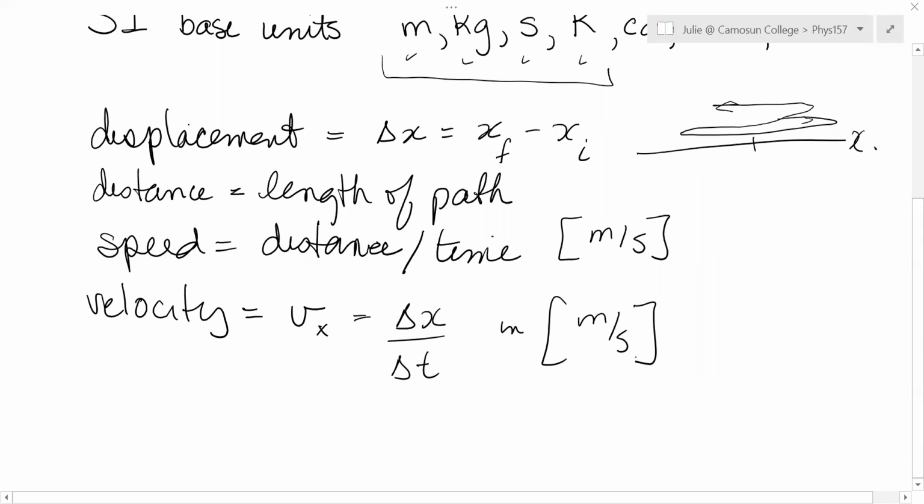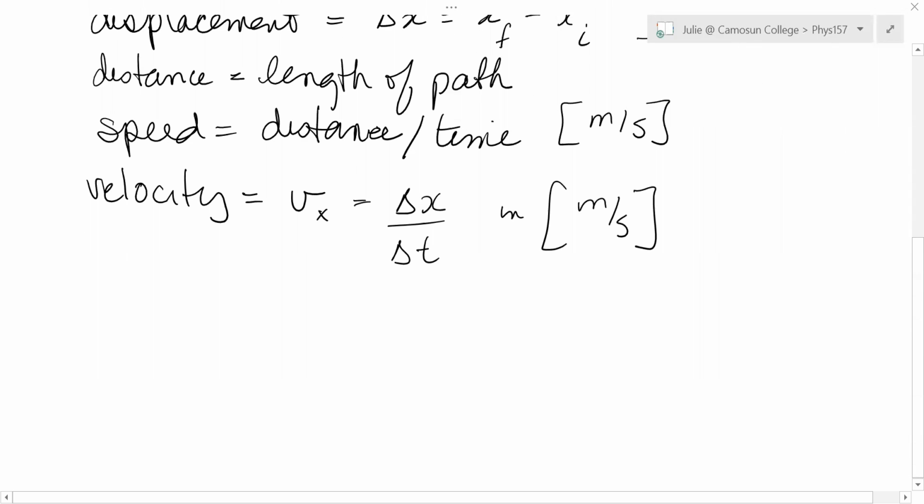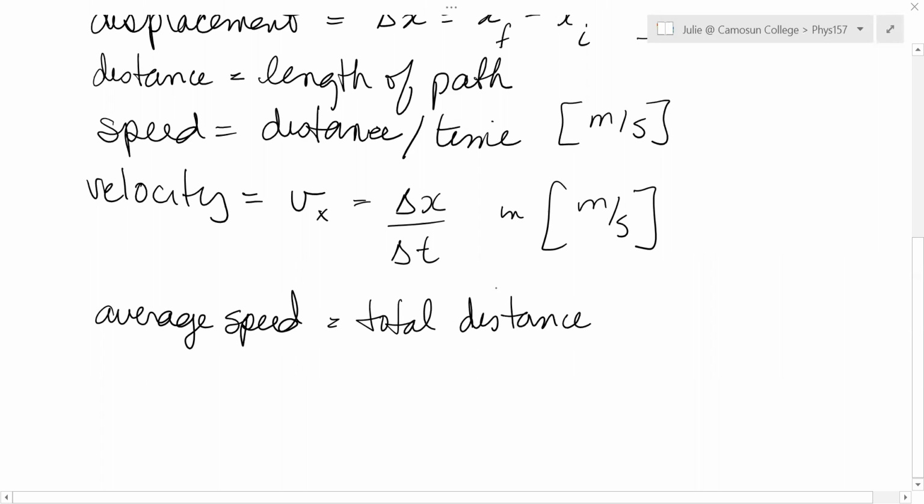Okay, so there's a couple of questions that you have. Remember, if you're doing average speed, so if something is going back and forth, you simply take the total distance. Doesn't matter whether it's going to the right or to the left. You add up all the distance and divide by the total time, including any time that you sit around and rest during the trip.